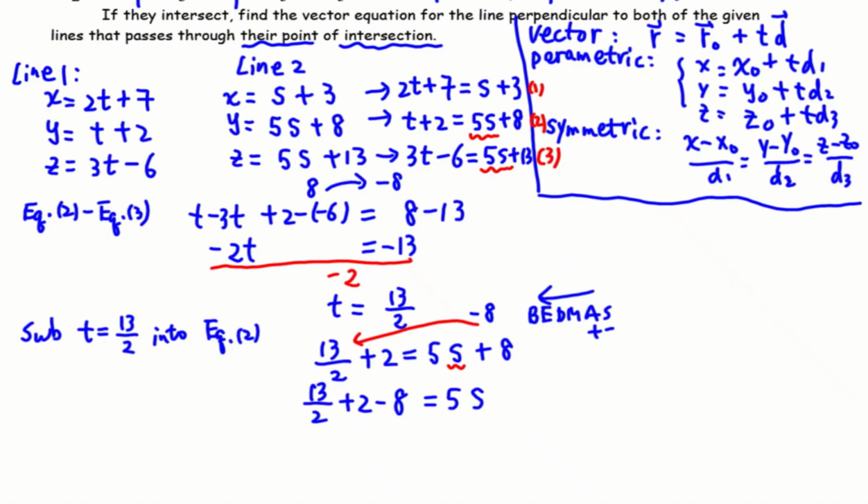Then we move the 5 to the other side. Then get your calculator out. You will find out s approximately equals 0.1. So this is s, this is t. Then we want to find out whether the third one is satisfied or not.